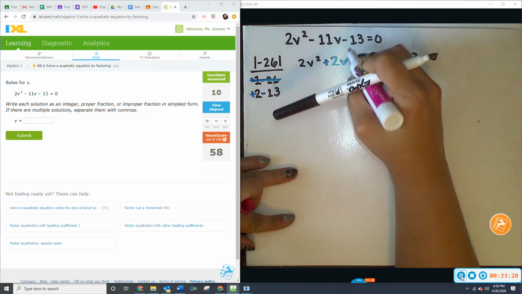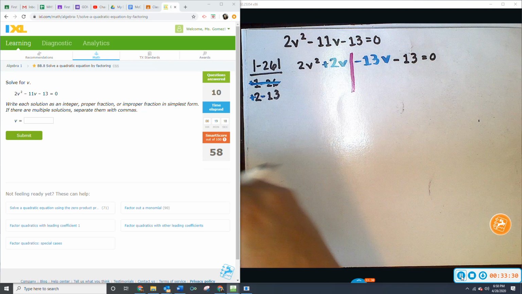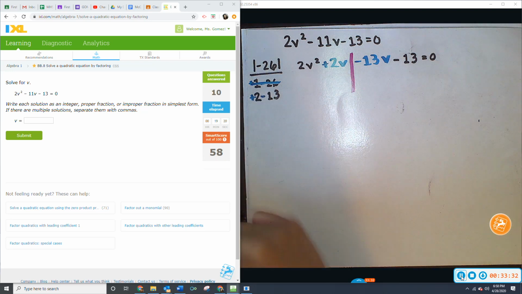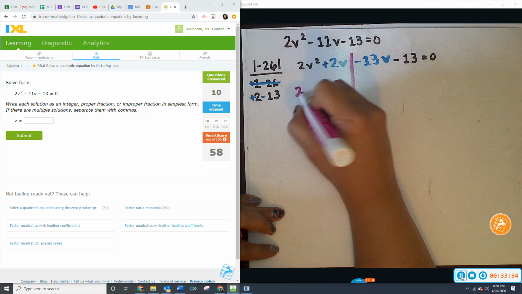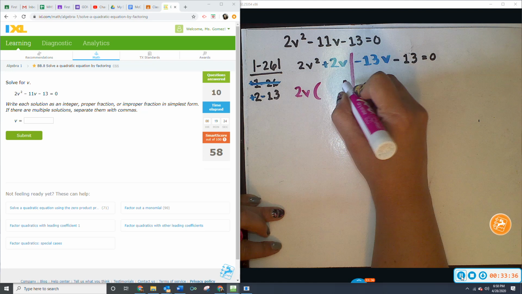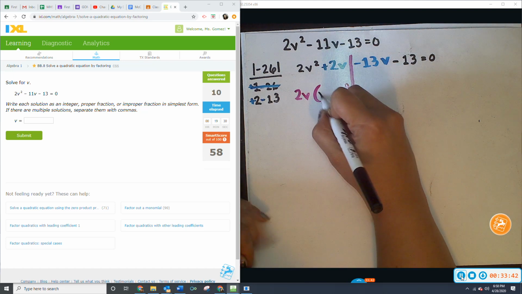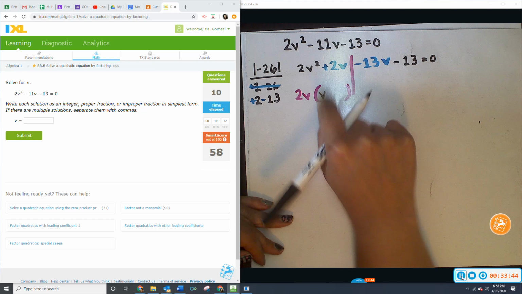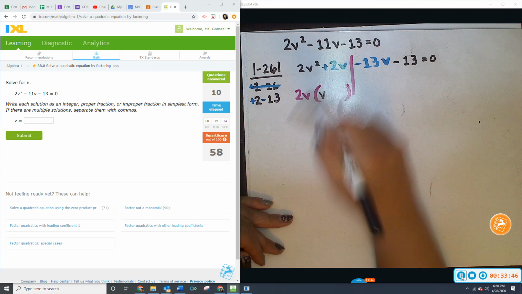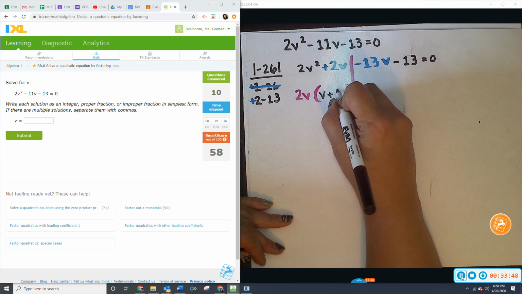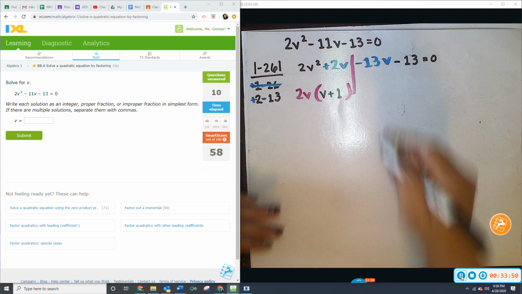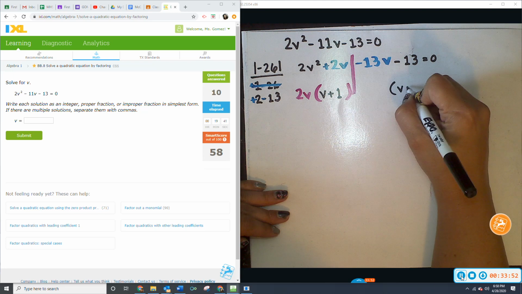All right, now these two have, well, 2v in common, leaving us with 2v times v is 2v squared, and 2v times 1 gets you 2v. So that means on the inside I should have v plus 1.